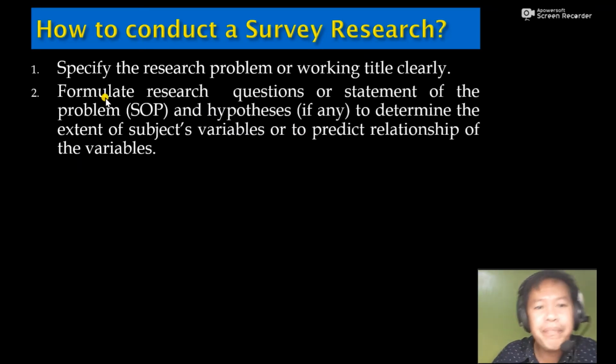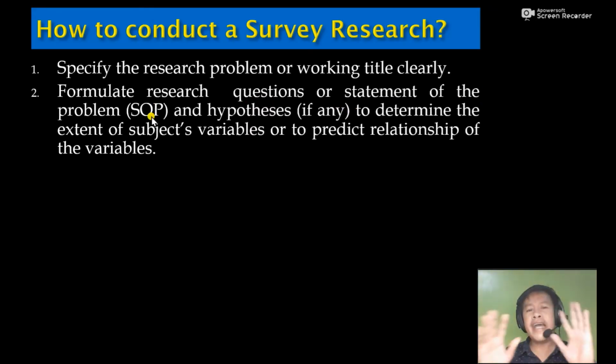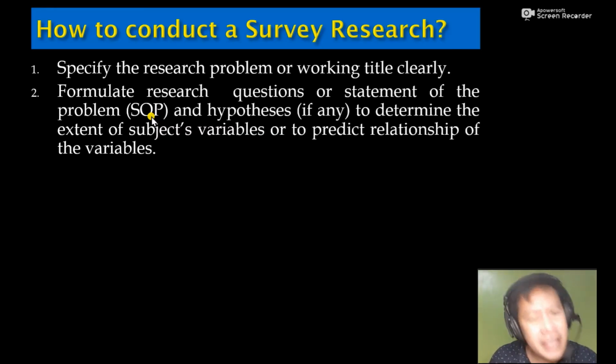Number 2, formulate research questions or statement of the problem, or SOP. Take note, statement of the problem, research question, and research problem are the same. Did you understand? And a hypothesis is a tentative solution to a certain problem of your research. Hypotheses, with ES, is the plural of hypothesis, with IS, if any.